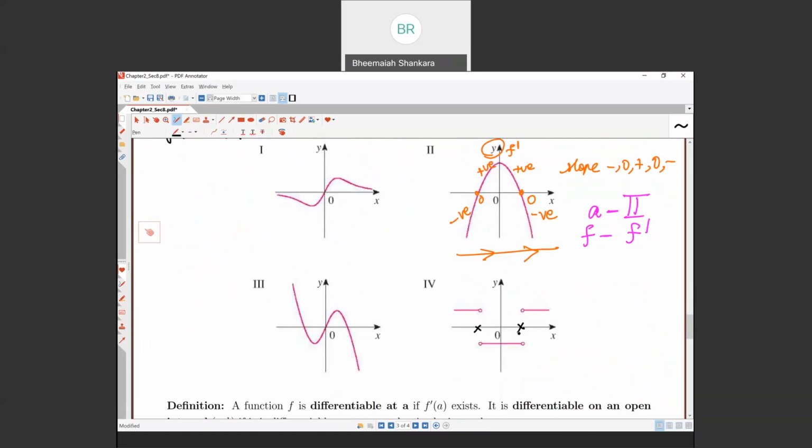On your graph 4, you're seeing a jump in the function. You're seeing a jump at both the points on the x-axis. You have a discontinuity in the graph.